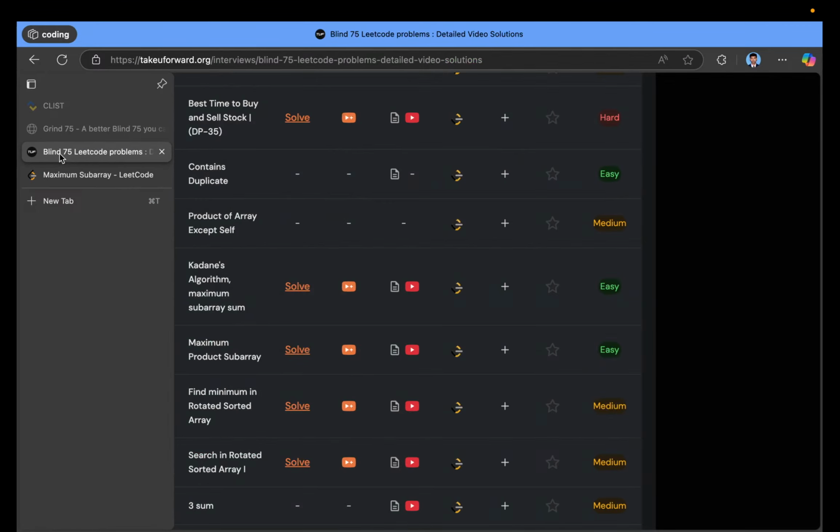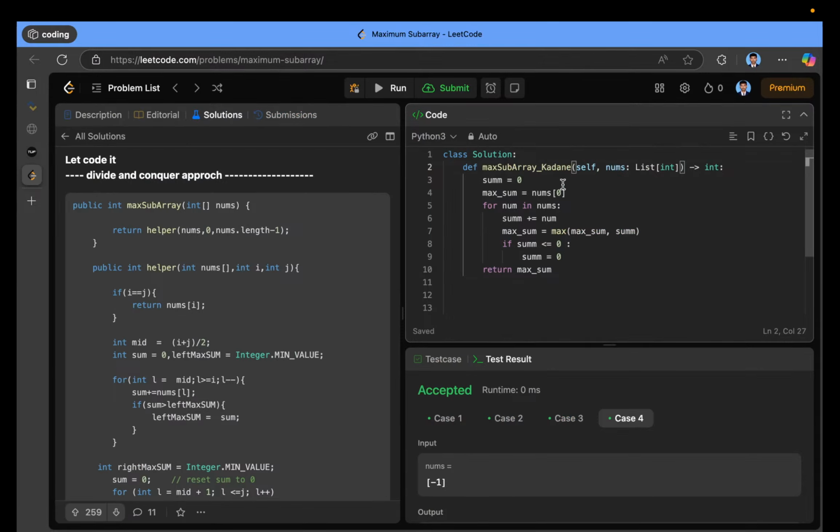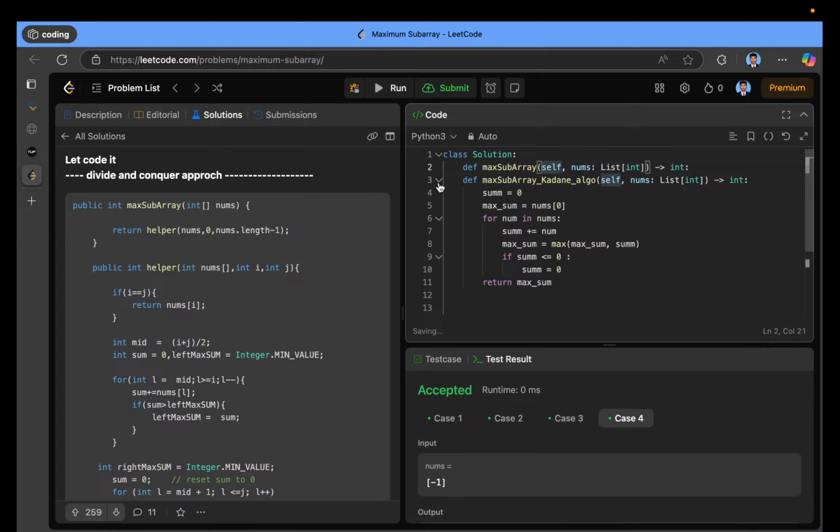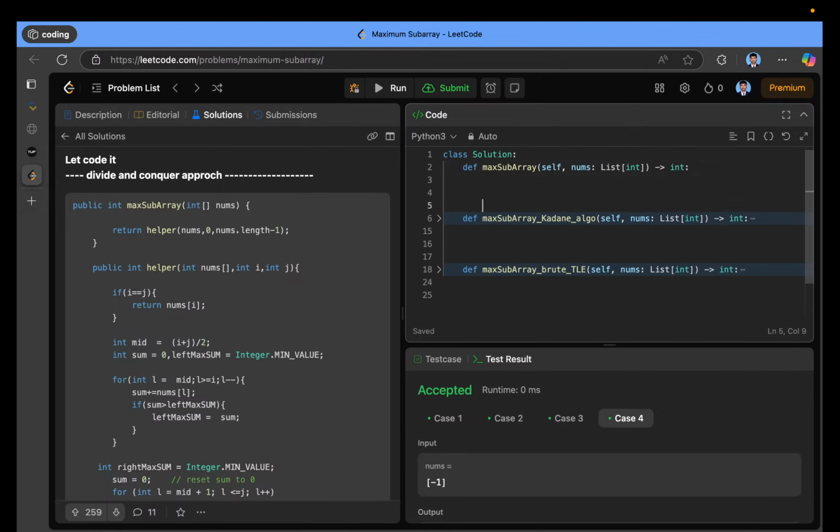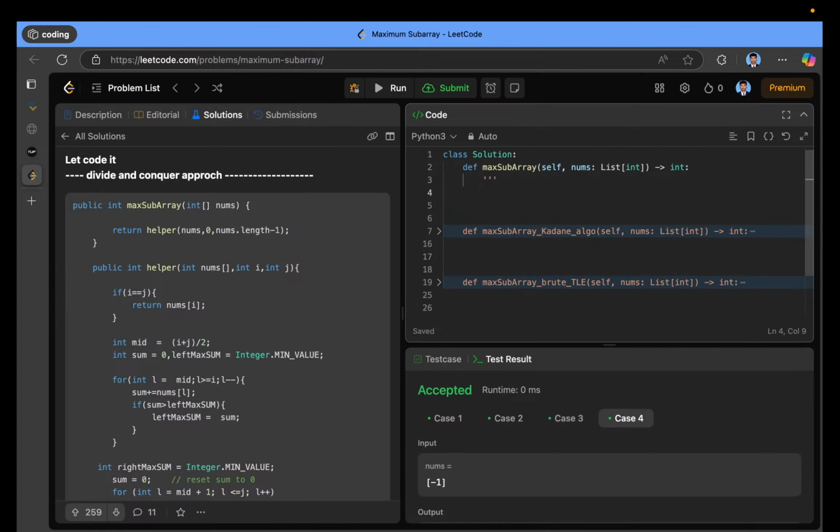Kadane. Okay, need to find the new answer. Multi-line comment.